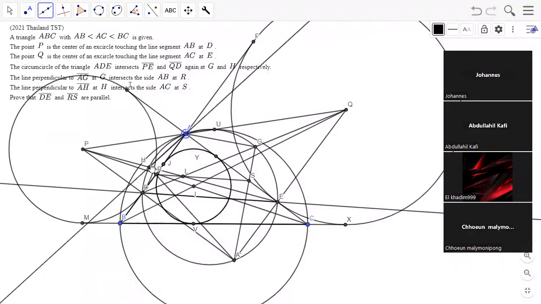Let's see. So if we drew this and this, first let's see what it does to H. We want to draw the, I guess we could do it this way.